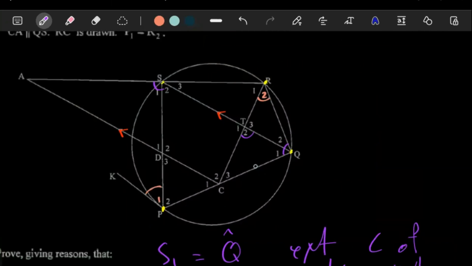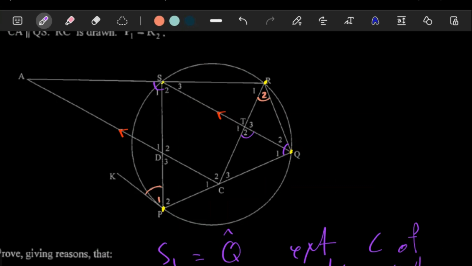Let's see if in this cyclic quadrilateral we have angles in the same segment. Anyway, we don't have a tangent, we already spoke about that. Parallel lines: this angle is equal to that one. So to say that this is equal to that directly, that's going to be a bit tricky.